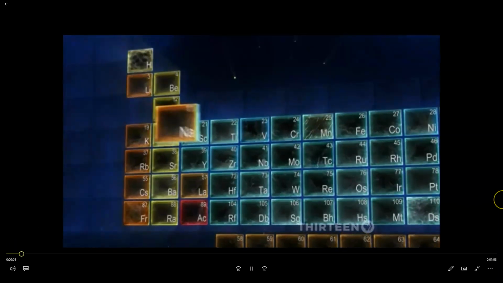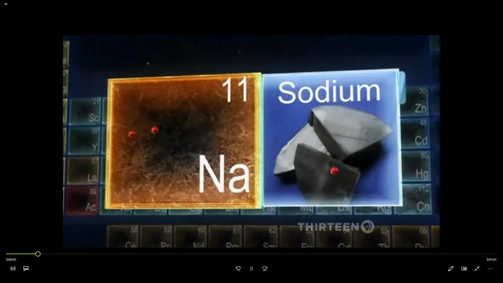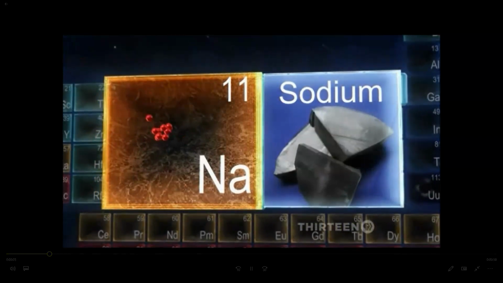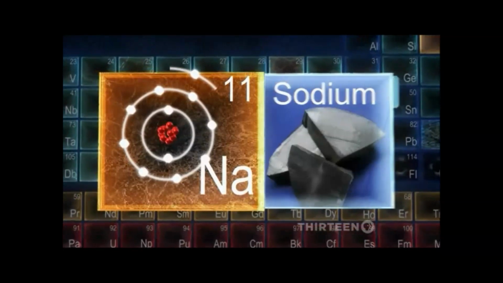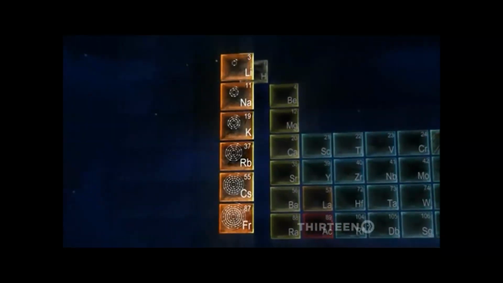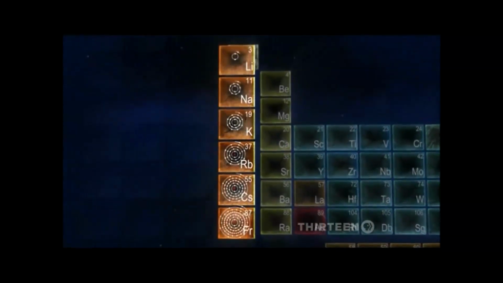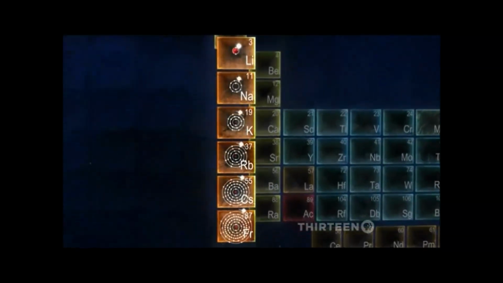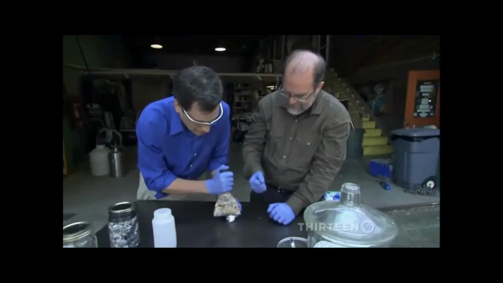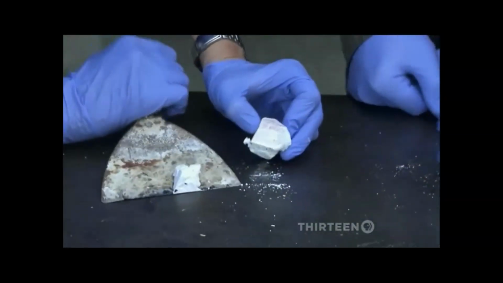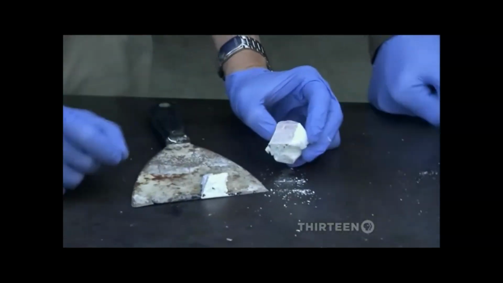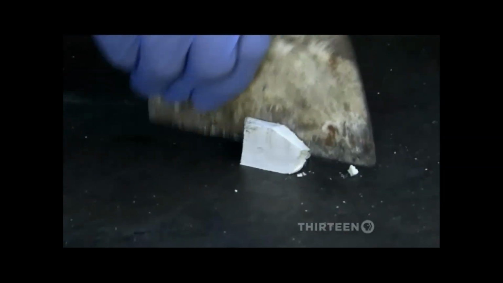Sodium. Symbol Na. 11 protons and 11 electrons, arranged in shells as 2, 8, and 1. Sodium is an alkali metal. Like all the elements in this group, it's desperate to get rid of that extra electron. You cut it quickly. You should see a silvery surface inside. Indeed, wow! It slices like cheese, but it's actually a soft metal.